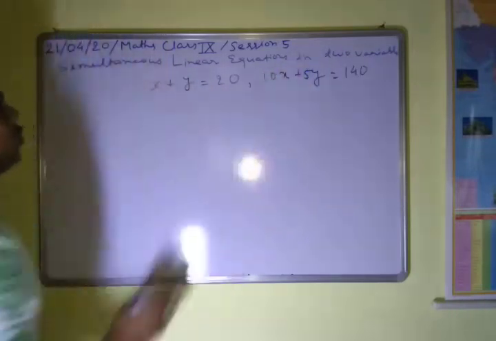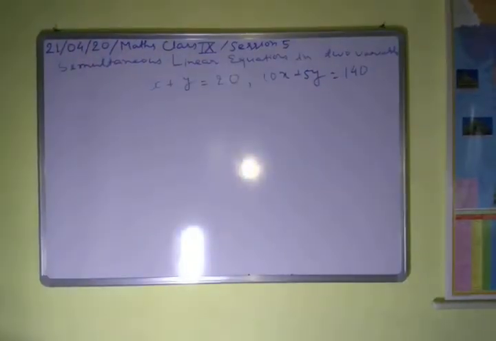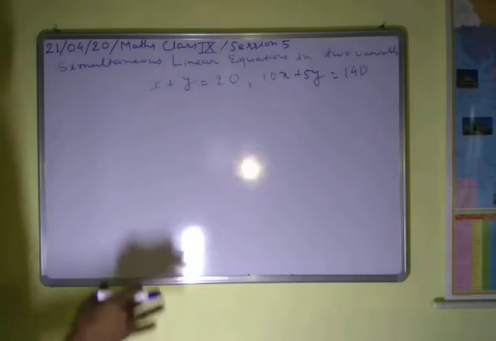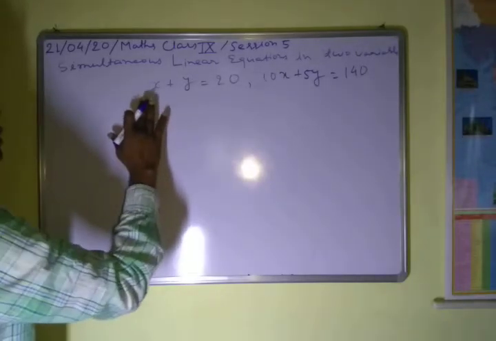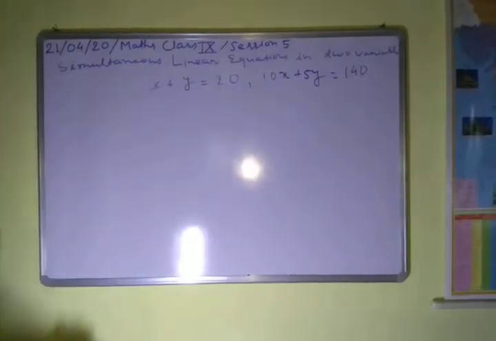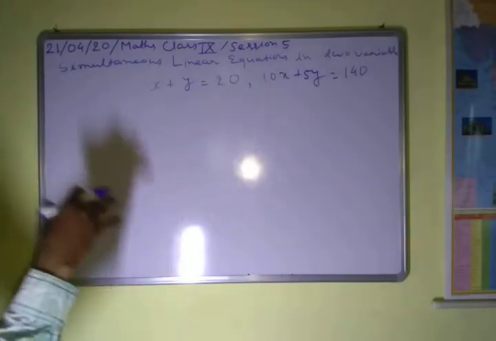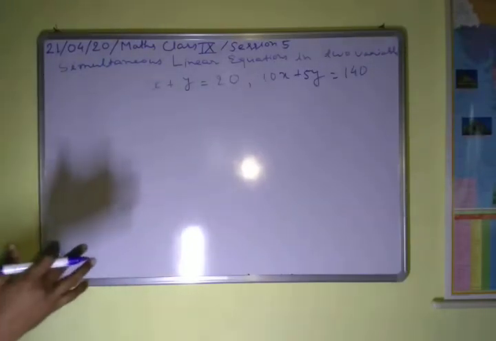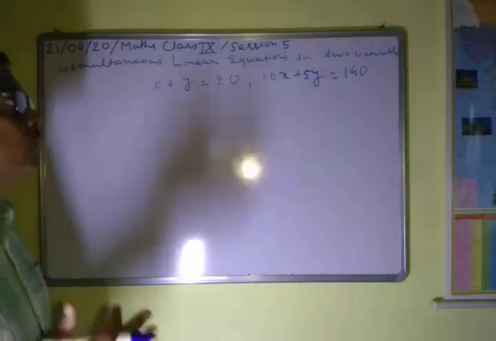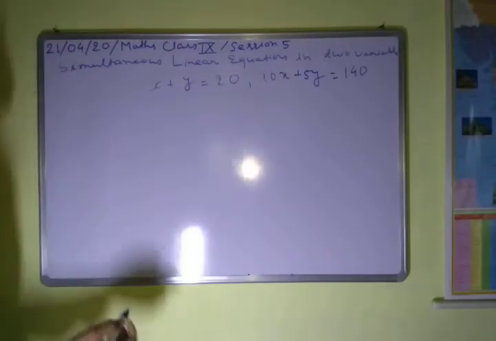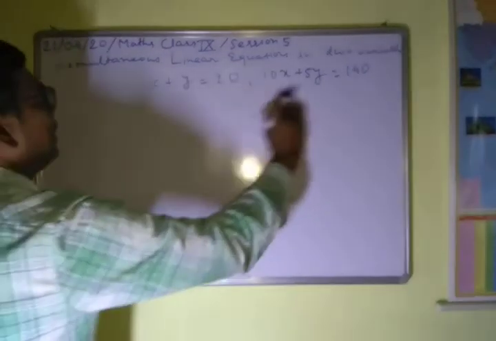So these are the two simultaneous linear equations, and we have to find the value of x and y graphically by using the graph. So we have to draw the graph of this equation and this equation.